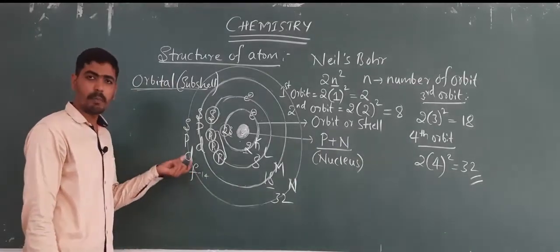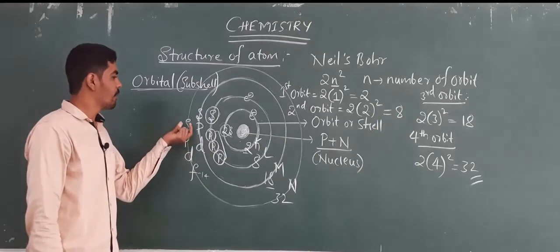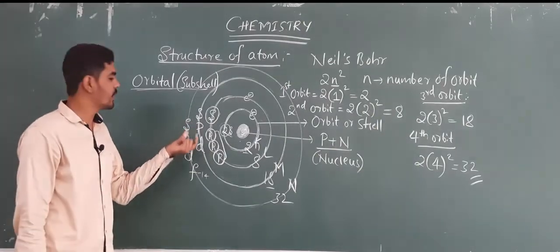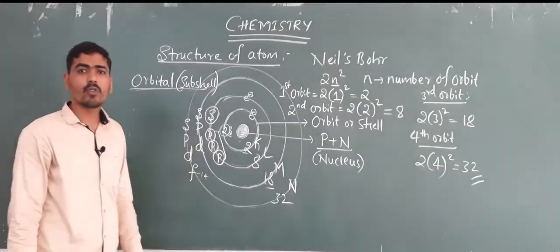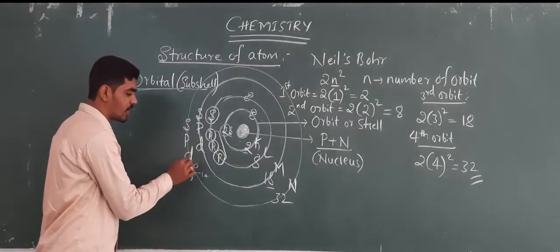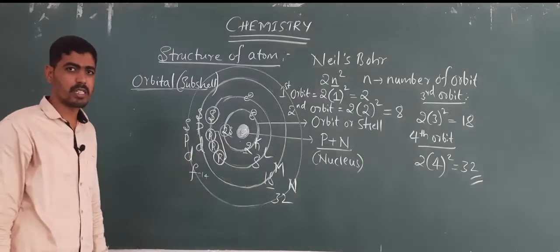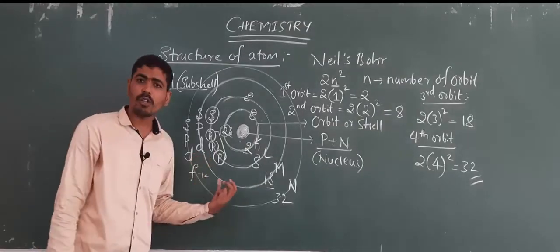So 14 plus 10, 24, plus 6, 30, plus 2 in s. So totally there are 32 electrons in the fourth shell. And how many subshells are there? S, p, d and f subshells are present in the fourth shell.